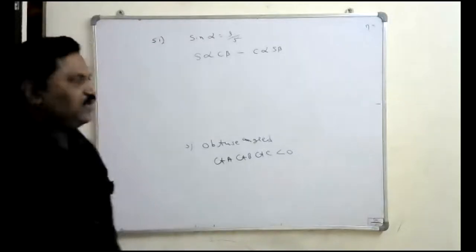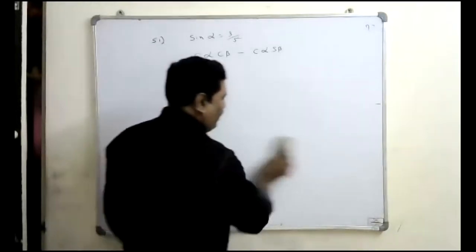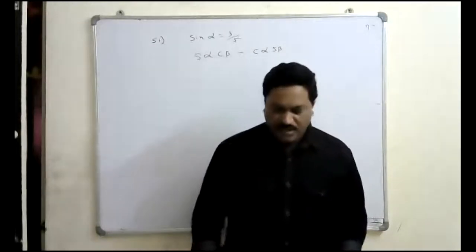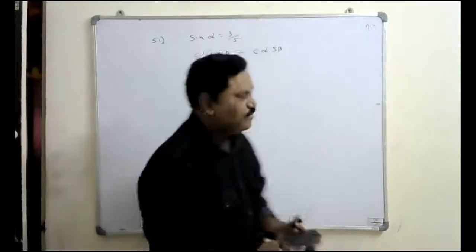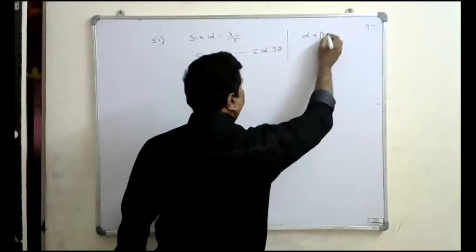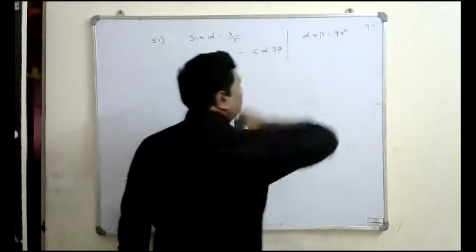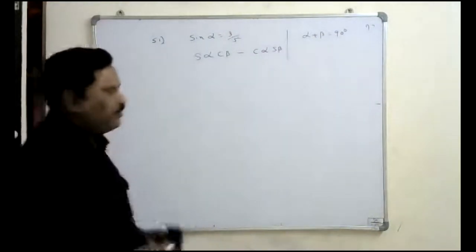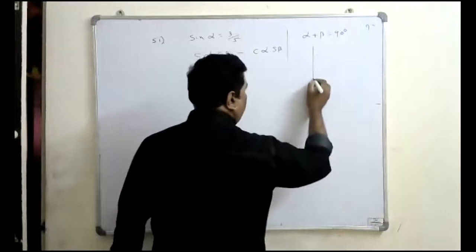Look at this. Here it is given that alpha and beta are complementary angles. Complementary means the sum of the angles is 90 degrees. Suppose I consider a right angle triangle.